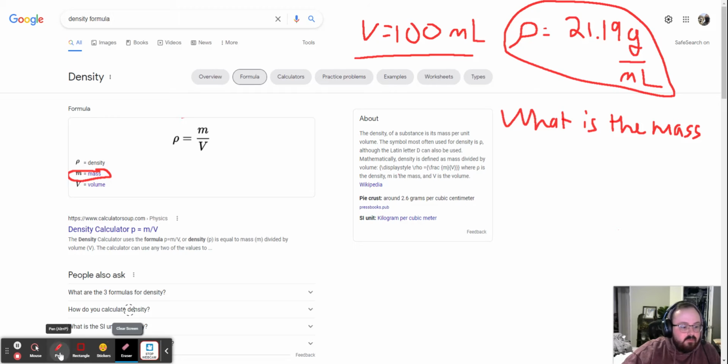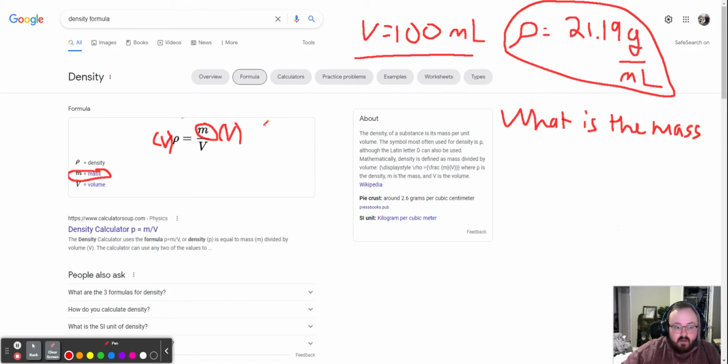So what we can do here is solve this algebraically without even putting in the numbers, and I think that might make things a little bit easier. If we want to get the mass, we need to isolate this variable. How do we do that? We solve algebraically. We multiply each side by the volume, and we now have a volume on top. This is a variable.